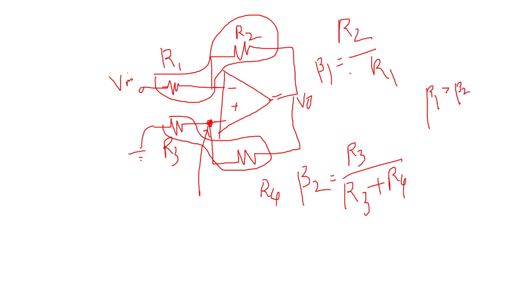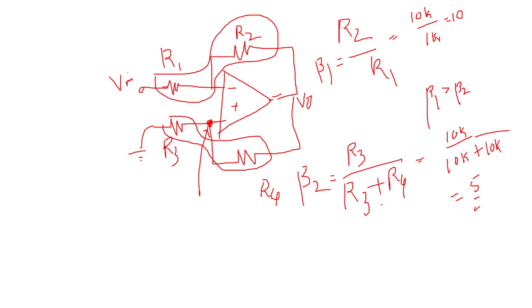That's it. If R2 is 10k and R1 is 1k, beta is 10. And if R3 and R4 both are 10k, it will be 5, right? So definitely beta 1 is greater than beta 2, so it will be negative feedback.